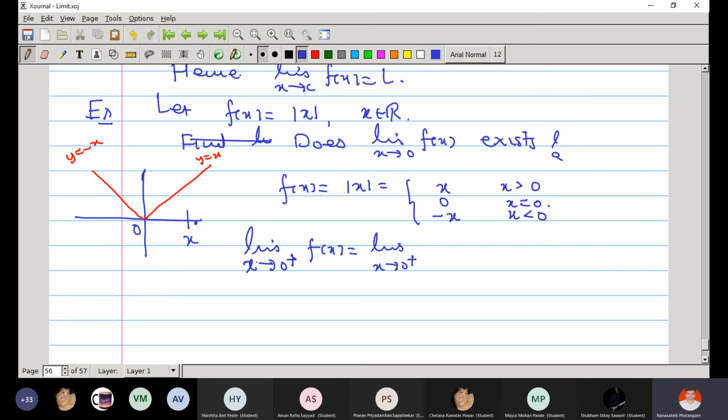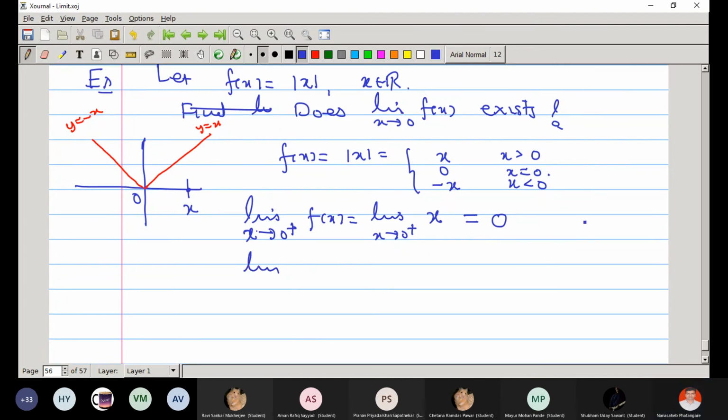At present x is on the right side, and therefore for such x, what is f of x? It is x, because on the right side f of x is x. And what is the limit as x tends to 0 of x? It is 0. Irrespective of any other confusion, as x tends to 0, x is 0.